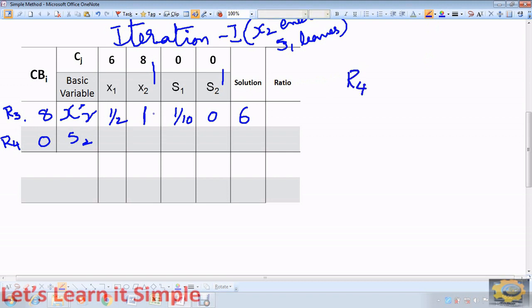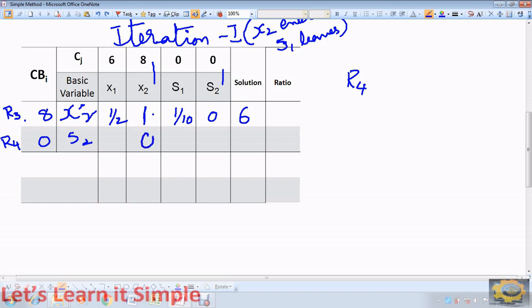Since this is made as 1, the corresponding element in that column should be made as 0. Now x2 is the key column in the previous iteration. So we made this as 1, which means the corresponding element in that column, whatever it may be, should be made as 0.